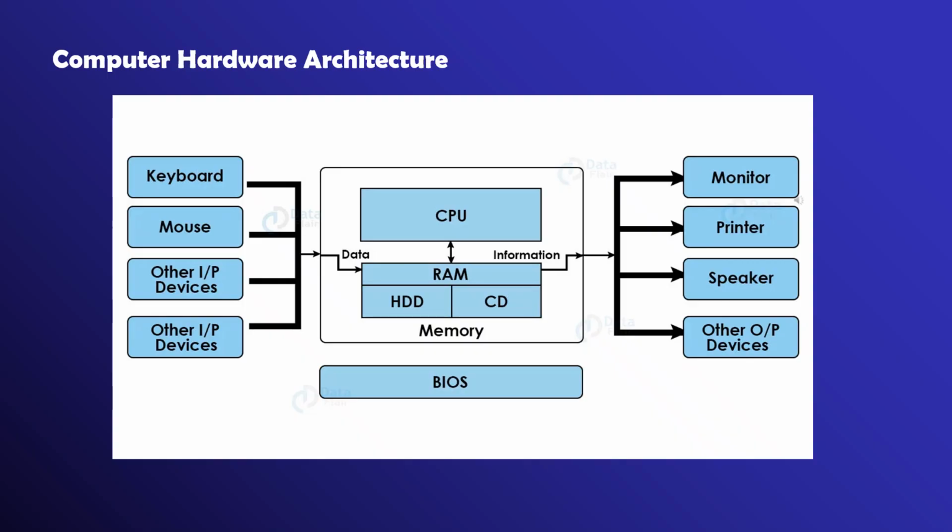I wanted to include this visual because it's much easier to understand hardware architecture when you can actually see how the pieces connect rather than just hearing about them separately. Now that we have a solid picture of the computer hardware, let's look more closely at storage, starting with the fastest types of memory a computer uses.